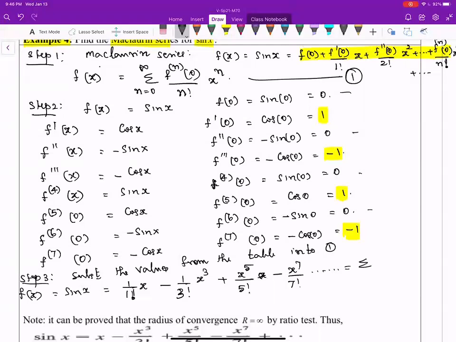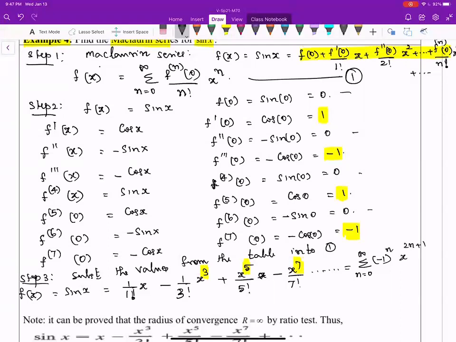If you give a precise symbolic representation in sigma notation, you notice that you have alternately positive and negative, the first term starting with the positive, and if you look at the exponents of x, they are all odd numbers. So if you have to write that in a concise form, it is sigma, n varying from 0 through infinity, negative 1 to the power n, x to the power of an odd number.